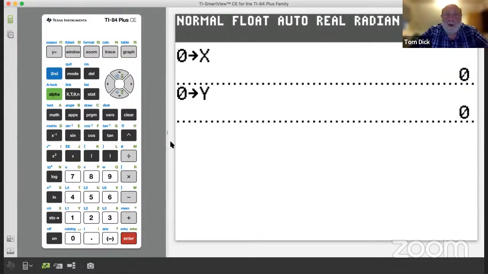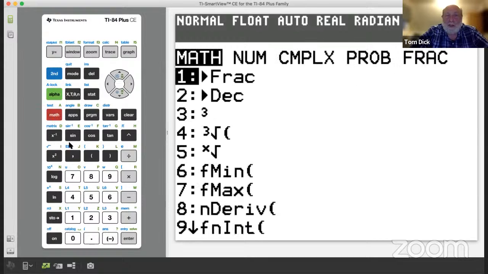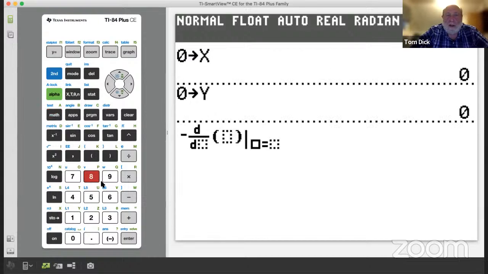And now the expression I'm going to show you is going to be the negative of a numerical derivative. I'll go to my math menu and see number 8 down there. There's the numerical derivative. We're going to take the derivative with respect to x of Y1, and that's that expression.